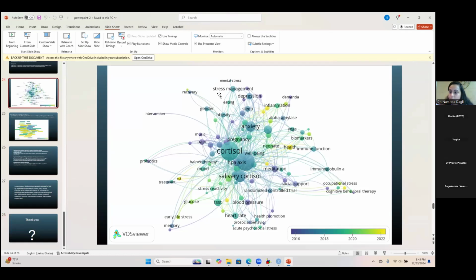If these keywords were used, the research is done on that theme. So this also shows the thematic evaluation of your research area.